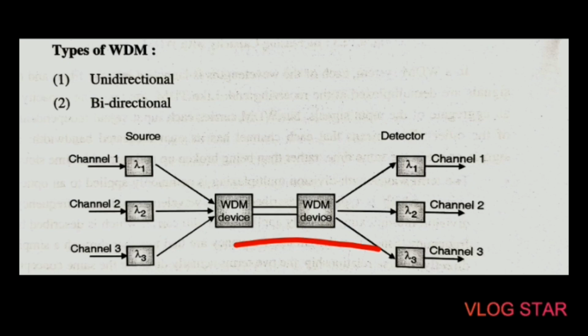A WDM system uses a multiplexer at the transmitter to join the signals together and a demultiplexer at the receiver to split them apart. With the right type of fiber, it is possible to have a device that does both simultaneously and can function as an optical add-drop multiplexer.